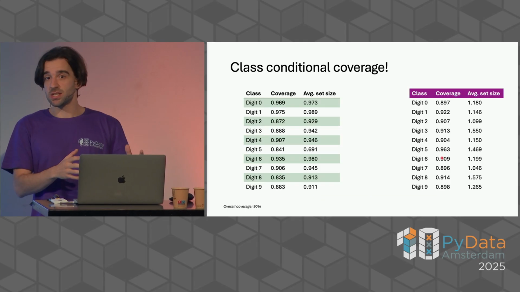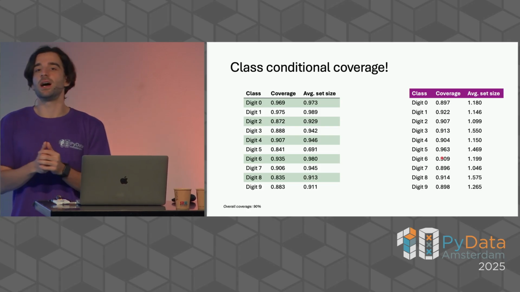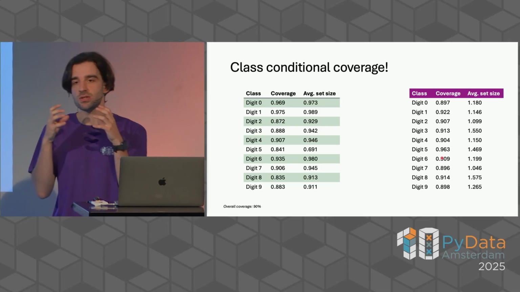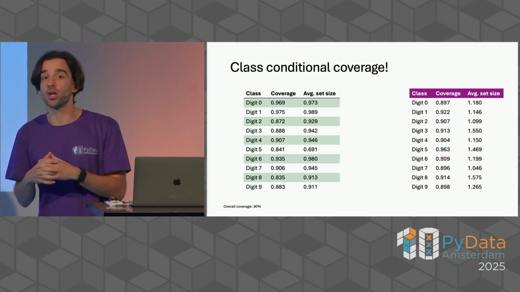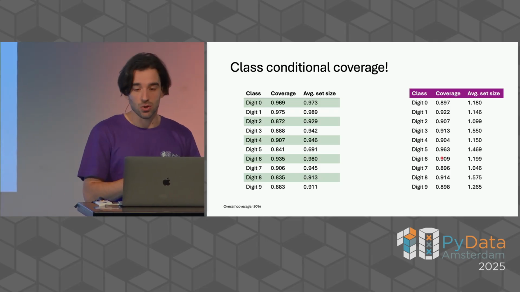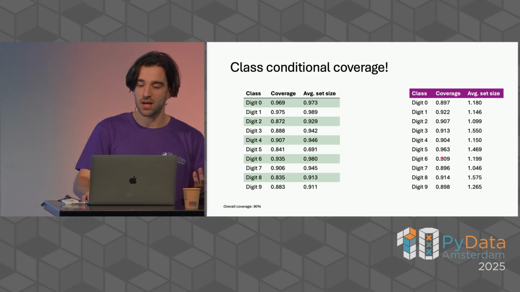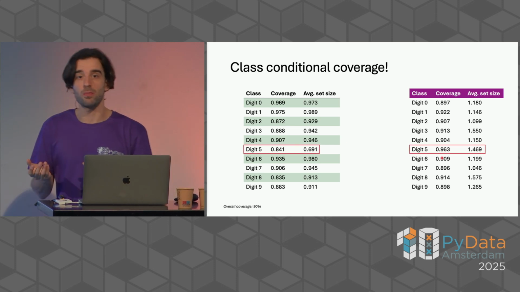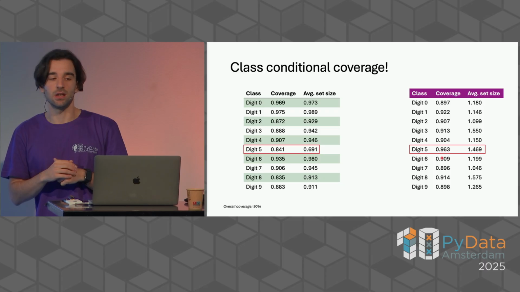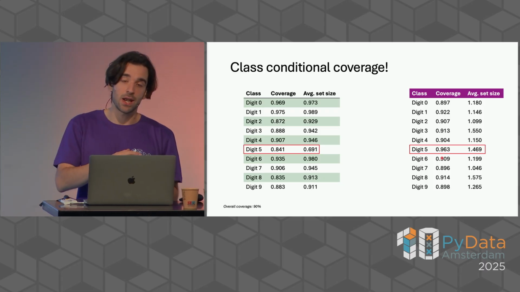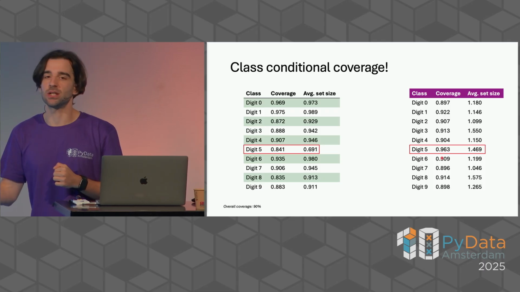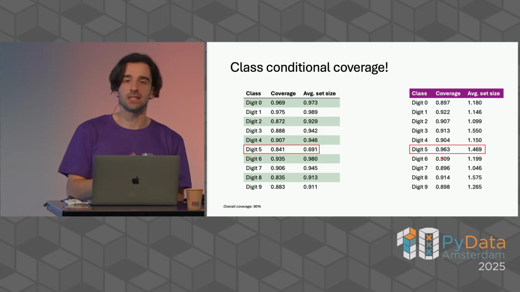These are the results that we have while fitting the same model, but only with the class_conditional equals true argument in the function. We can see on the left side of the screen that digit 5 used to be 84.1% covered, whereas now that we have a label conditional conformal predictor, it's actually covered 96% of the time.